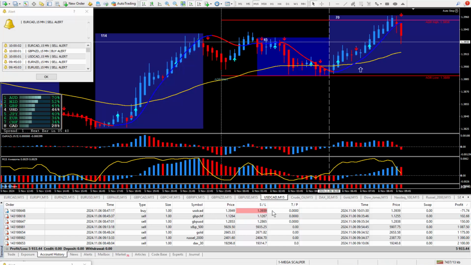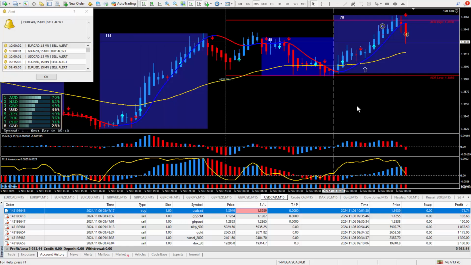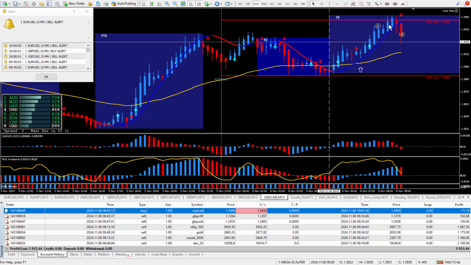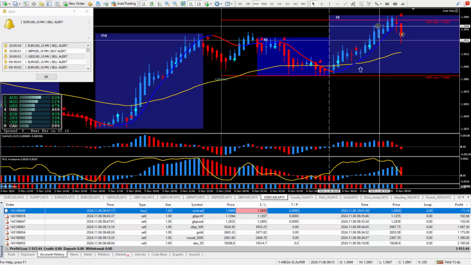So on this dollar CAD, we're going to drag and drop this up, see where I got in at. Now at one point I was making right in here, but I had some distractions around the house. I didn't catch it. I would have closed it out on this red candle, and I did have a stop loss in of a few pips. Okay, got in at this cursor.